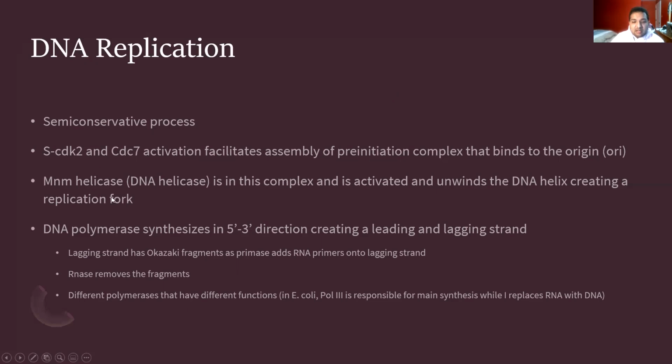MCM helicase, or DNA helicase, is in this pre-initiation complex and is activated, and it unwinds the DNA. So from a double helix, we become kind of like a ladder, and it's going to start breaking those hydrogen bonds between the nucleotides to then allow for the synthesis to go through.